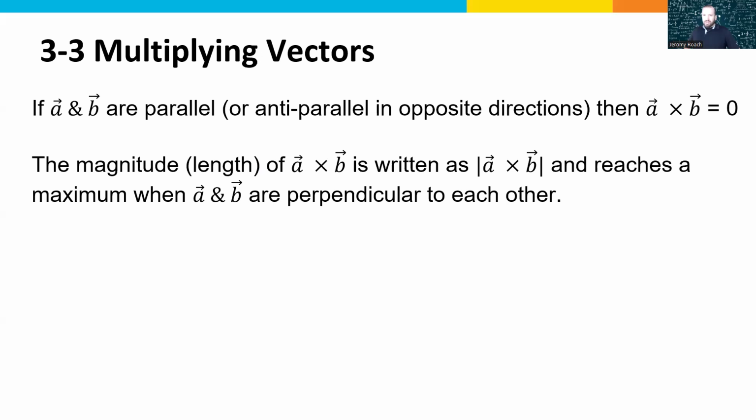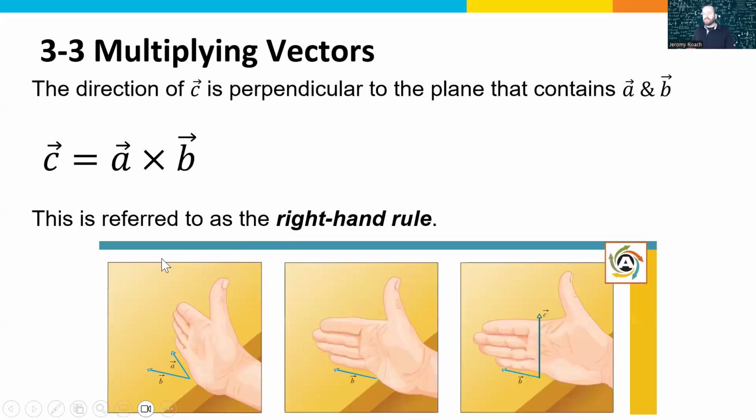The magnitude of A cross B, just like the magnitude of other numbers, we write with absolute value of A cross B, and it reaches a maximum where A and B are perpendicular to each other. So the right-hand rule, we use the right-hand rule with vectors, and we also talk about it a bit later when we talk about rotational motion. It basically just has to do with which direction the vector is pointing.